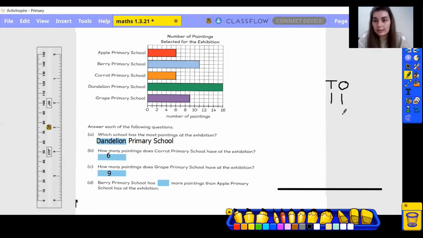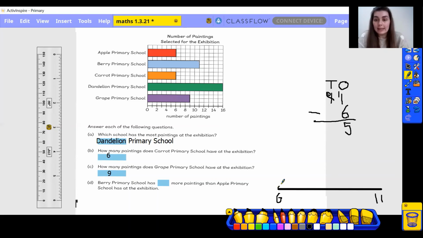So I'm going to write 6 in my 1s column, and I'm going to subtract 6 from 11. So I can't do 1 take away 6, I'm going to have to exchange 1. So I've got 11 take away 6, that is 5. Now I could use my 10s and 1s column, or I could use a number line to count on to 11. And for this, I'm going to use my number bond.